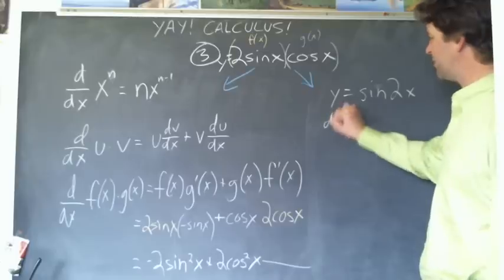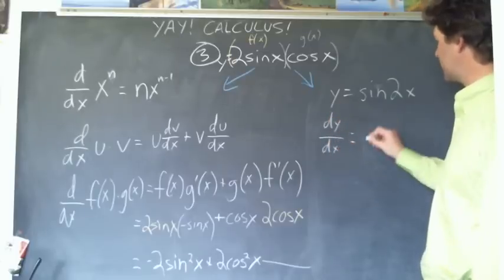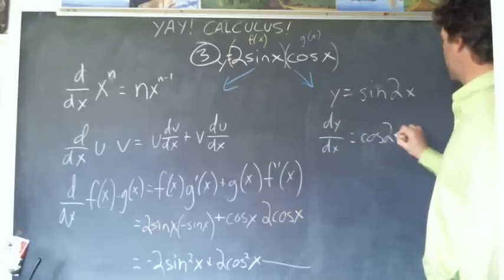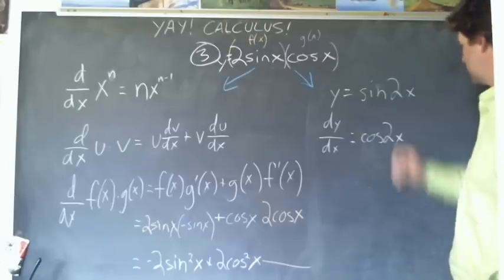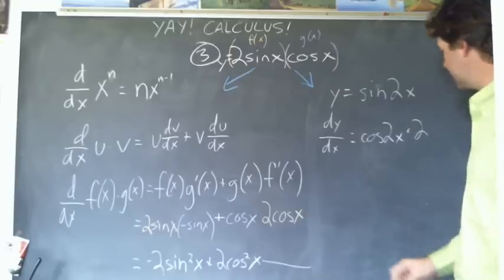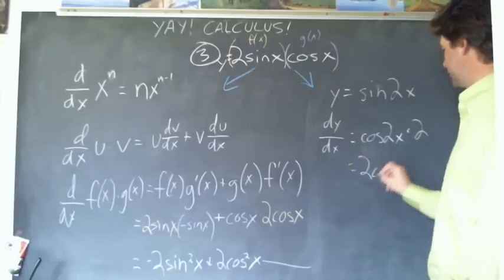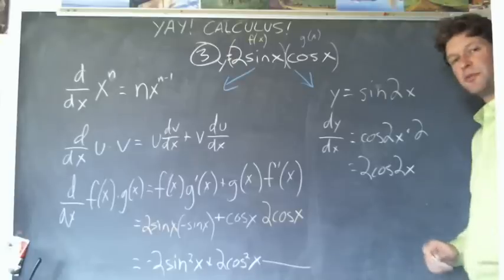Now we can differentiate. dy dx: the derivative of sine is cosine, and then we have the chain rule. The derivative of 2x is 2. That's 2 cosine 2x. Same as we got before.